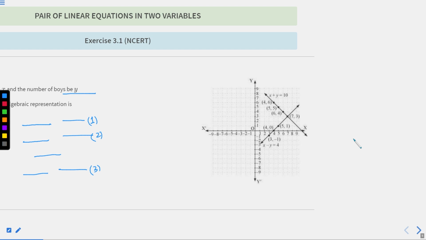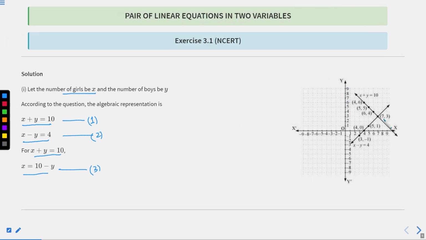Okay, so if we plot these points, then for x plus y equal to 10, you will get this line. And if we plot these points, then for x minus y equal to 4, you will get this line. Okay, and here you can see at 7, 3, these two lines are intersecting each other.